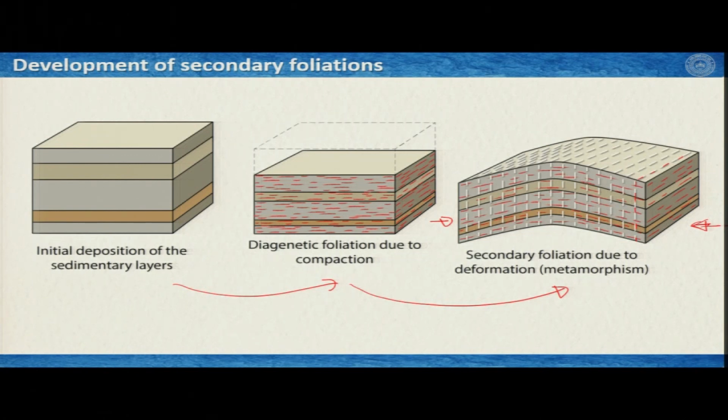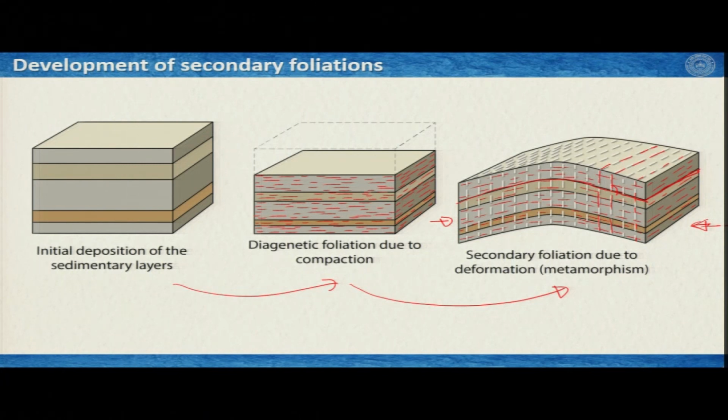And as you can see, these primary foliation layers are curved on this surface and straight on this section. This secondary foliation cuts across these layers, and it also maintains some sort of angular relationship with this primary layering, and these angular relationships are very, very important in revealing several structural features and deformation histories.